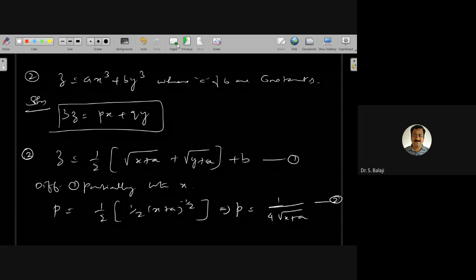Similarly, differentiate 1 partially with respect to y.